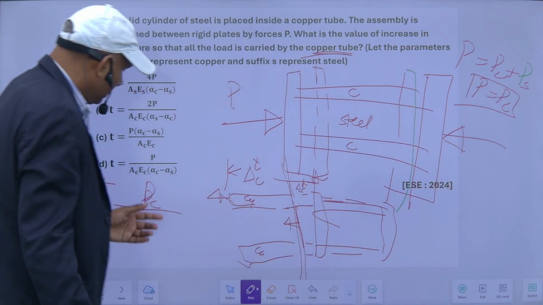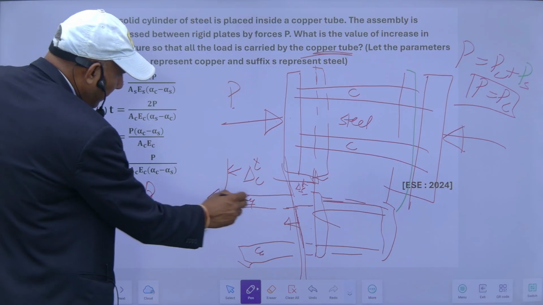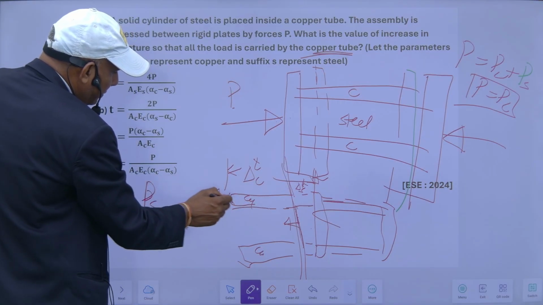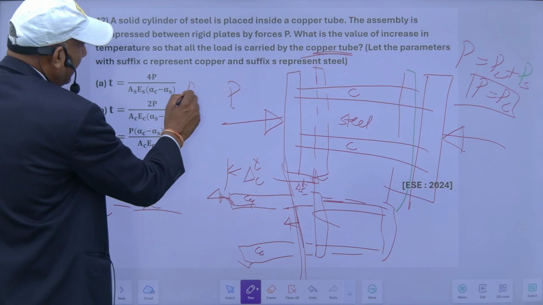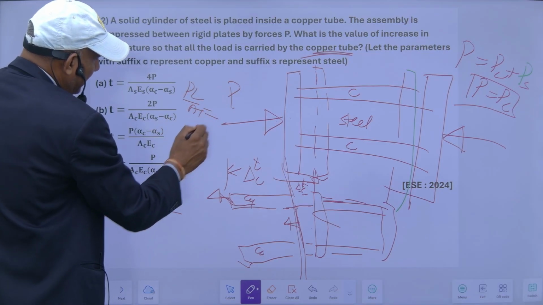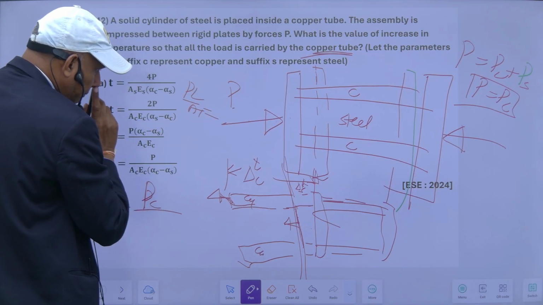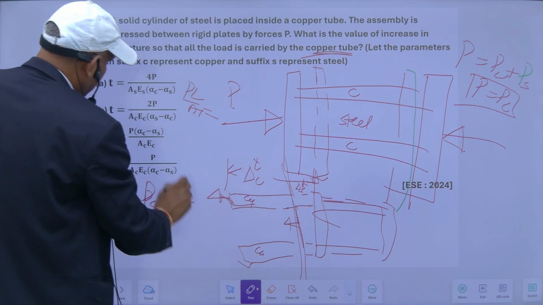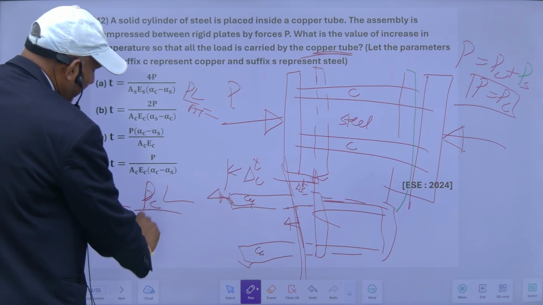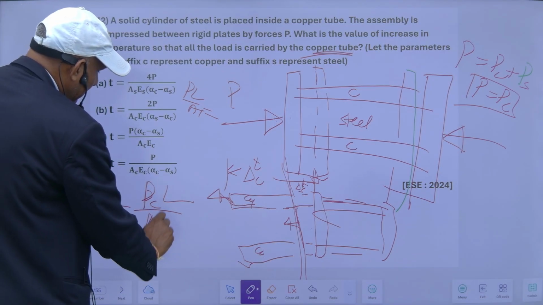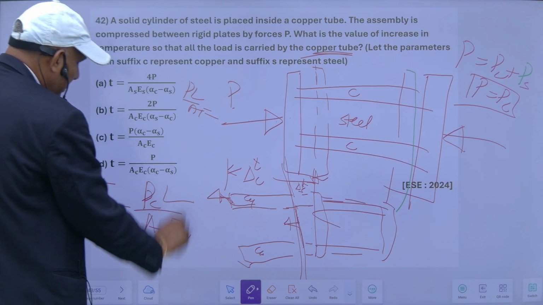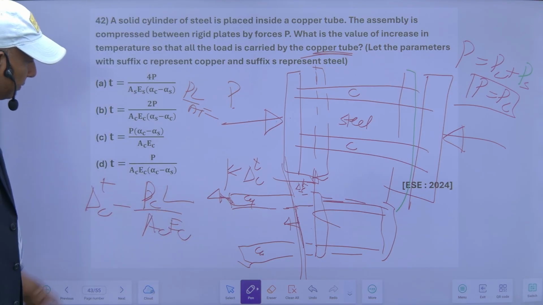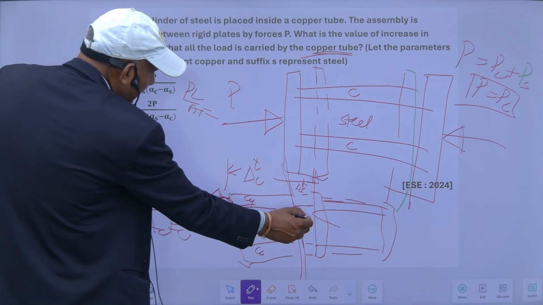The elongation due to this will be PL upon A, this is the formula. So PC into length of copper, and this length is the same, upon area of copper into E of copper, will be equal to delta in steel.